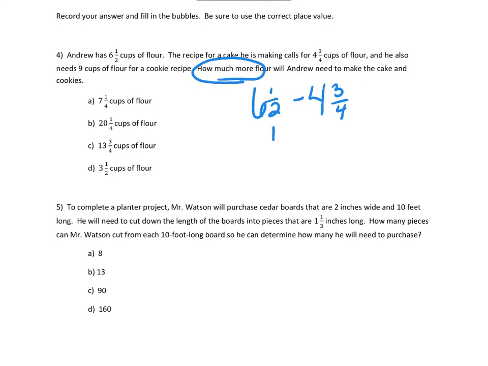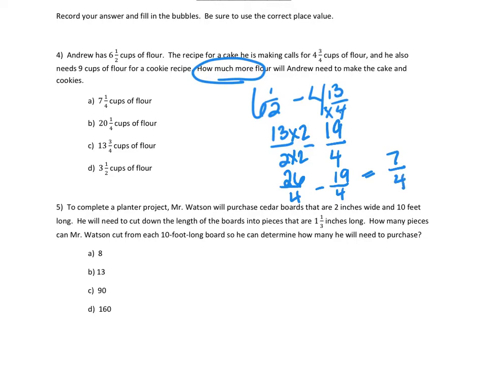I have to get a common denominator, so I'm going to change them. We're going to do 4 times 4 plus 3, which is 19 fourths. And then we're going to get a common denominator, which is fourths. So 19 fourths is going to stay the same, but we're going to scale this one up. So 13 times 2 is 26. 26 minus 19 is 7 fourths.